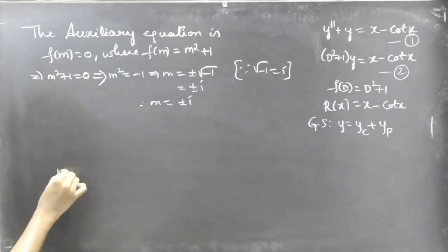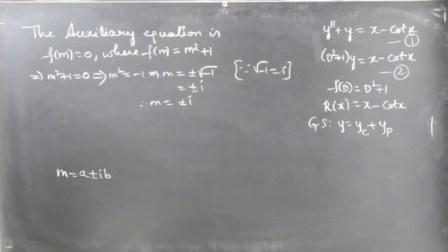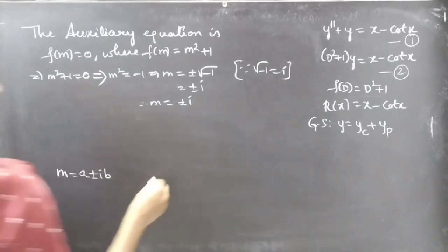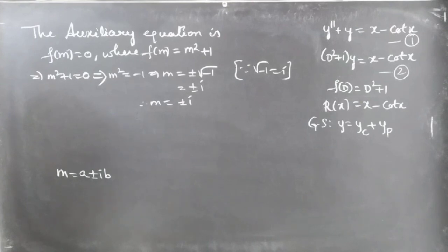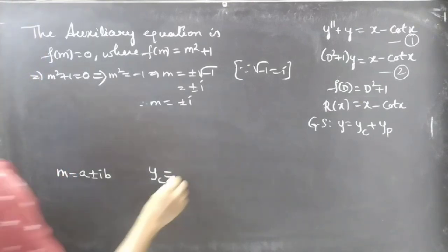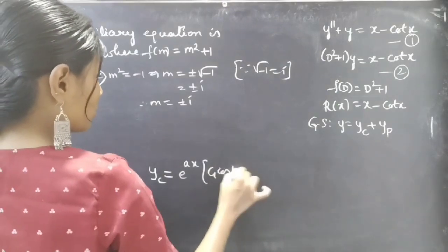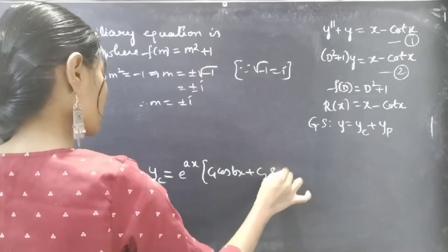We know that when m is a pair of complex conjugate roots, then the complementary function looks like yc equal to e power ax into c1 cos bx plus c2 sin bx.